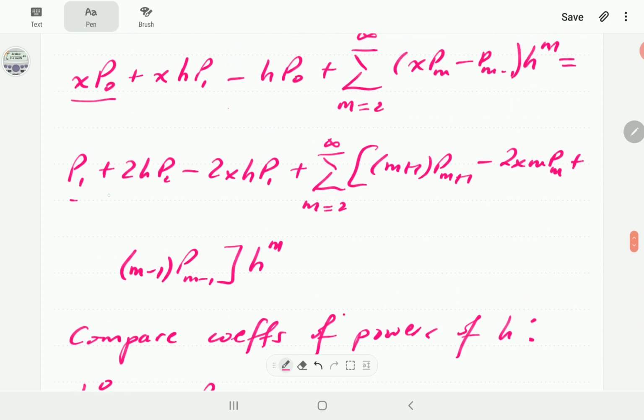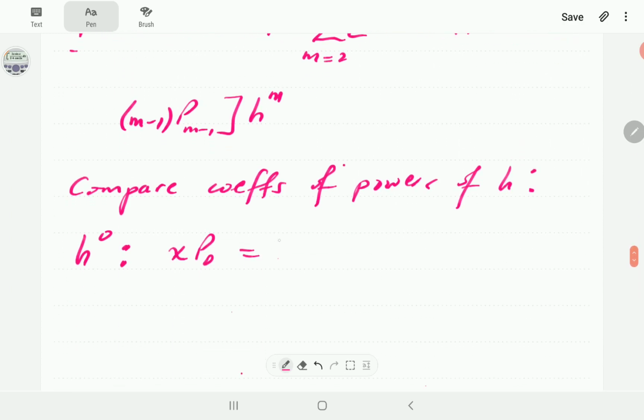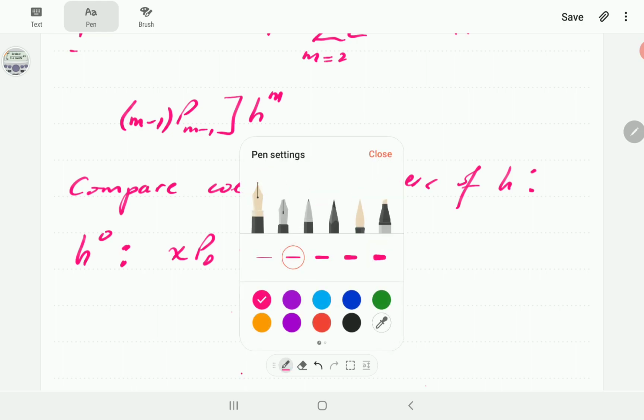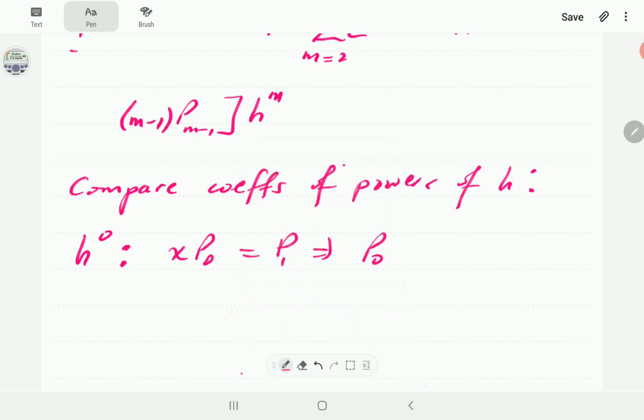On the right hand side is just this one, p_1. Now remember, p_0 is 1. So if we express this in terms of the higher degree polynomial, this is saying p_1 is x times p_0, which is x. So this is definitely true.